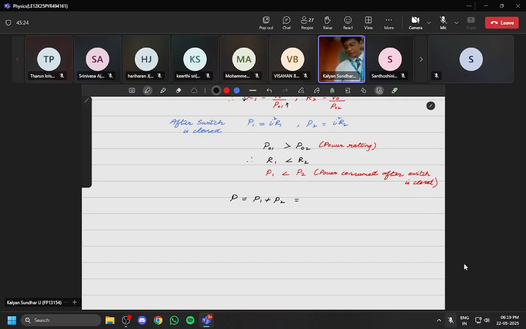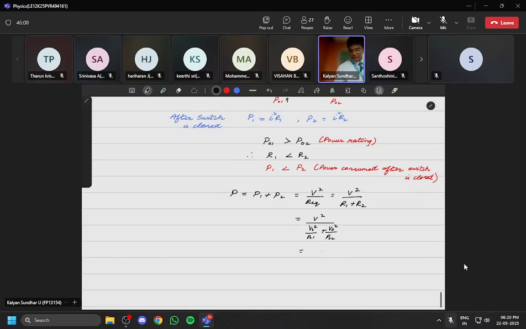So potential will be of your V square divided by R equivalent, which is nothing but V square divided by R1 plus R2.